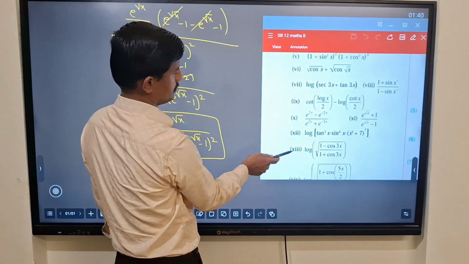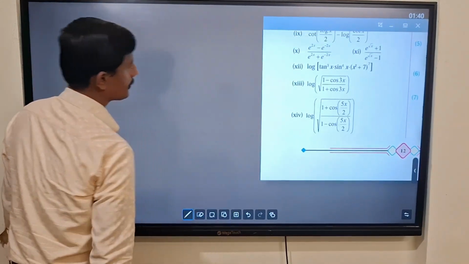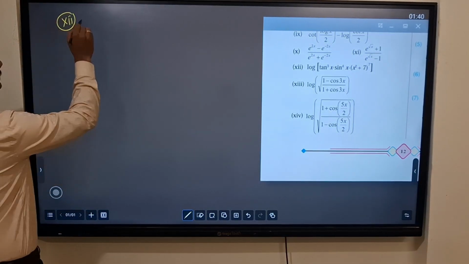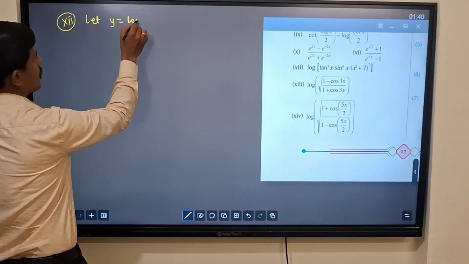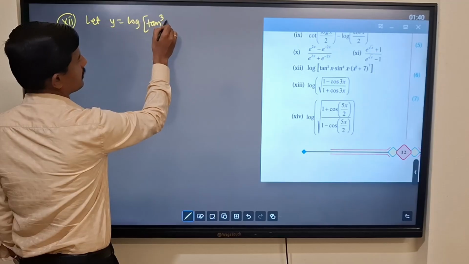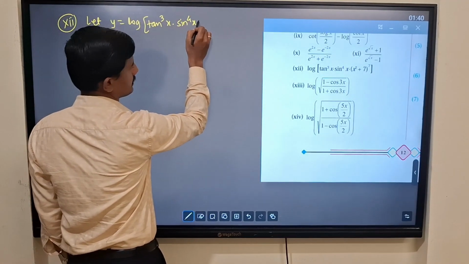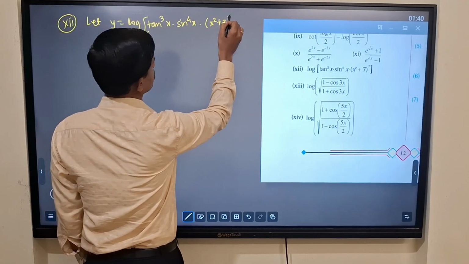Now next question, 12th one. Let y equal to log of tan cube x into sine raised to 4x into x square plus 7 raised to 7.